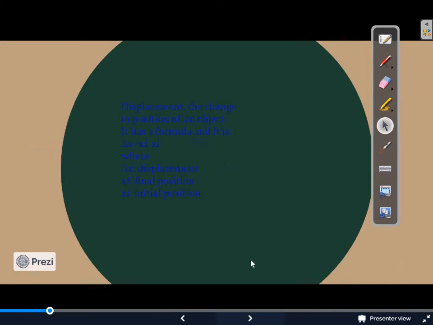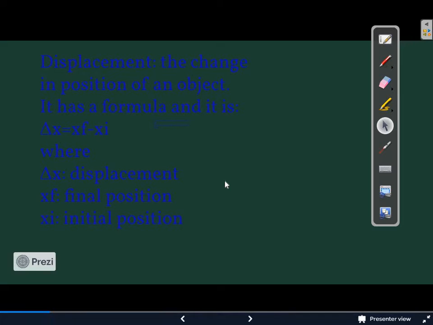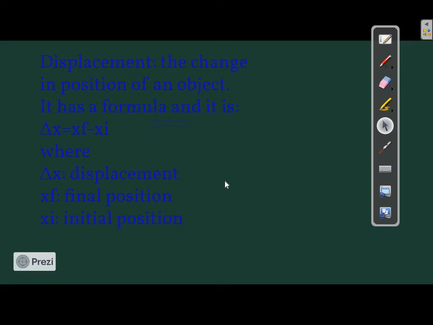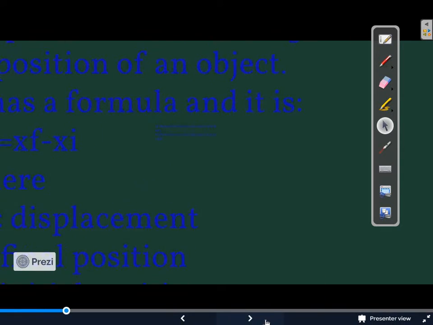And what about the displacement? The displacement is the change in position of an object. This one has a formula, and it is delta x equals xf minus xi. Delta x means displacement, xf means final position, and xi initial position. So in order to get the displacement, you need to subtract final position minus initial position. As you can see, there is a subtraction here, and that means that sometimes the result could be negative and sometimes positive.